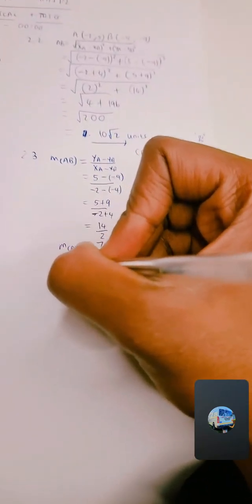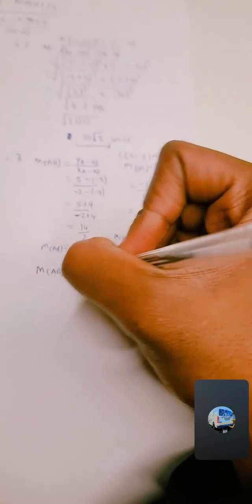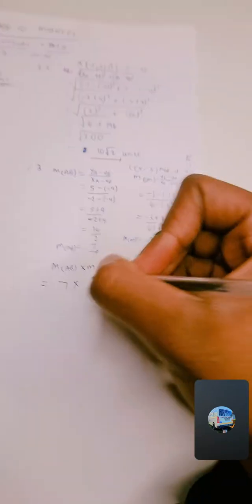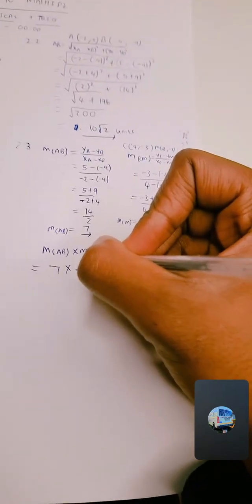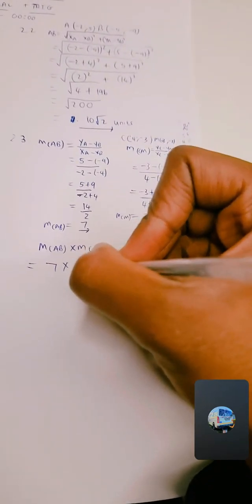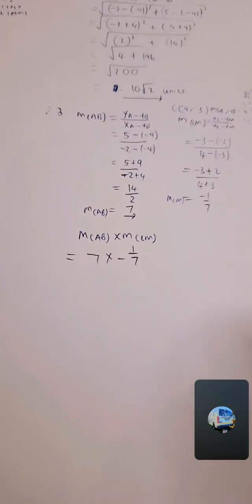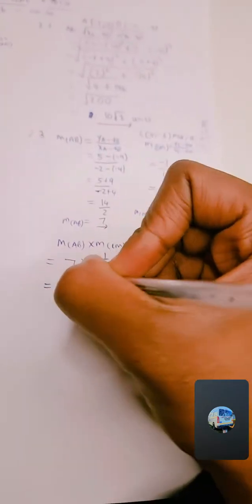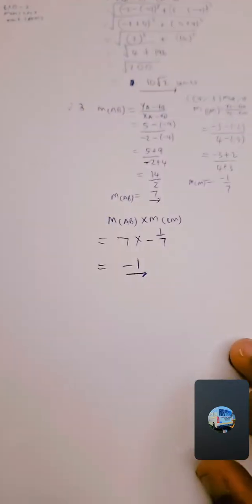So we simply take them and we multiply them as they are, because we want to check what is the resulting product of the multiplication of the two gradients. So 7 times negative 1, it does give us what? Negative 1, as you have said.